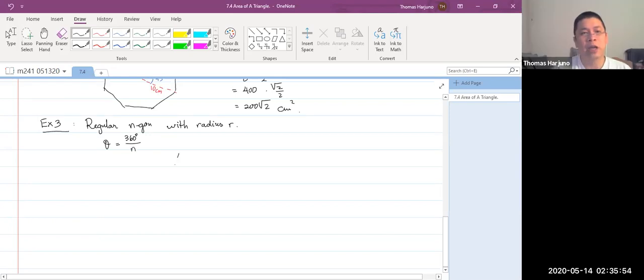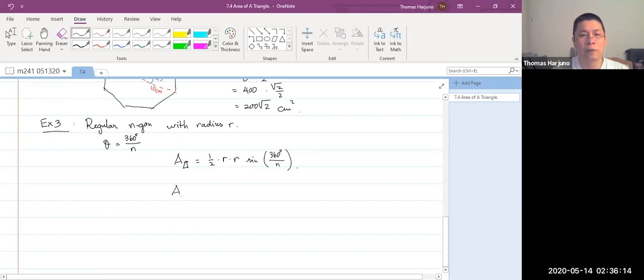Okay, so the area of each triangle will be 1/2 times the product of 2 sides, which is r and r, times sine of 360 degrees over n.